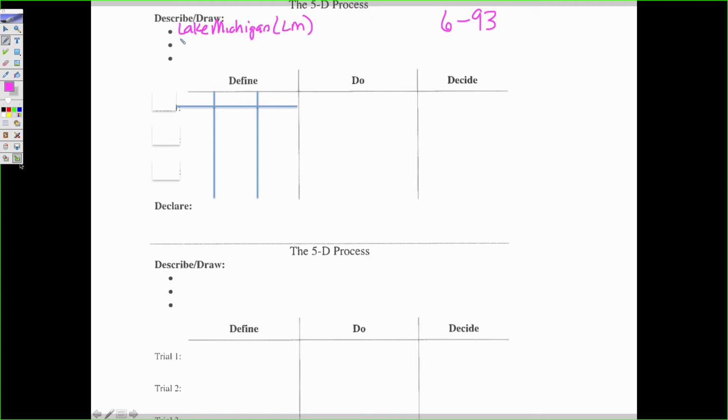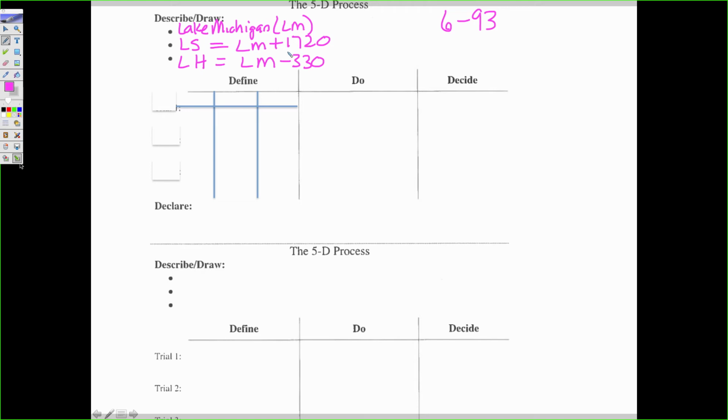Then we had Lake Superior, which was Lake Michigan plus 1,720 cubic miles of water, and Lake Huron was Lake Michigan minus 330 cubic miles of water.